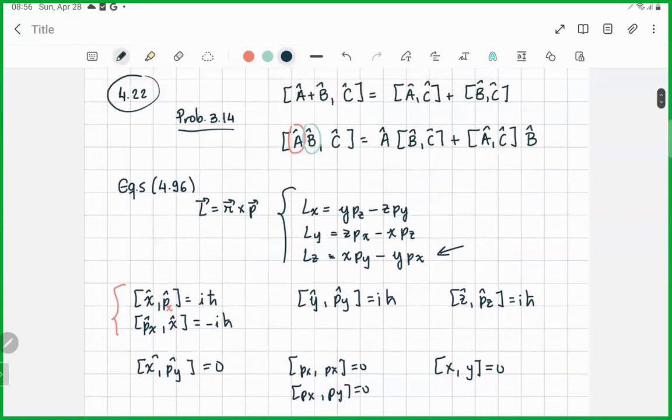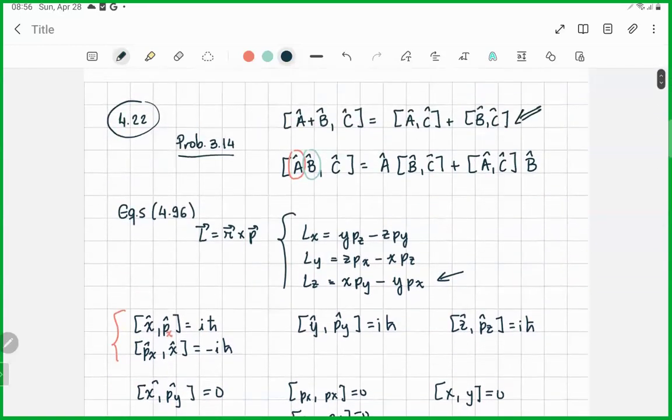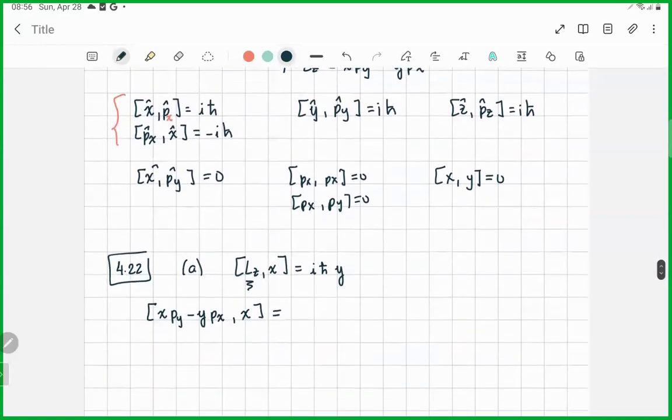I'm going to use this property here to open the commutators. This property of the sum, I'm going to use it here for the subtraction. So I have X PY with X minus Y PX with X.